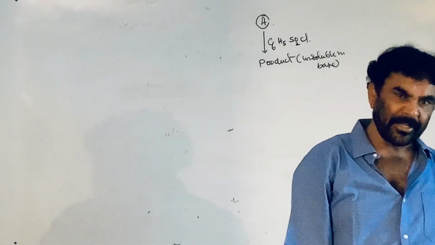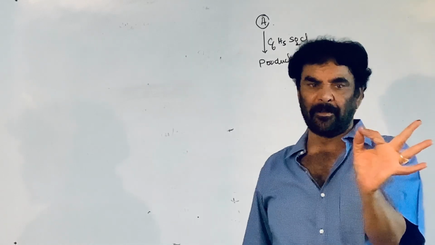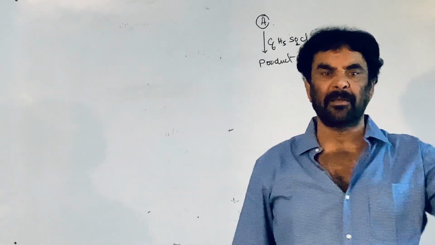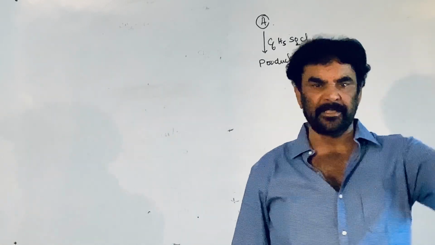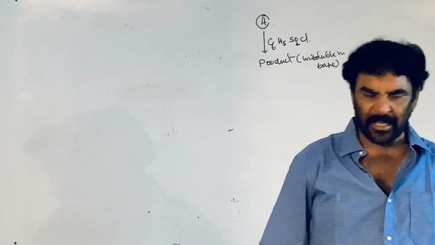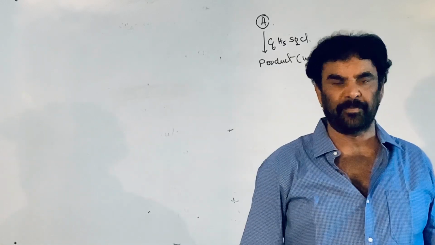So here the given compound reacts with benzene sulfonyl chloride, but the resultant product is insoluble in sodium hydroxide. This indicates that it is a secondary amine. The nitrogen is in the form of secondary amine functional group.